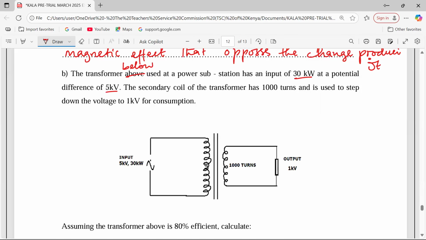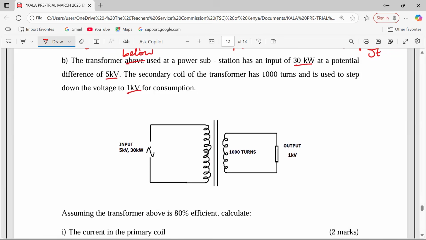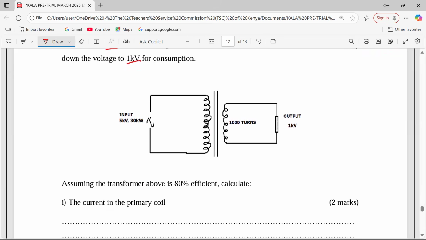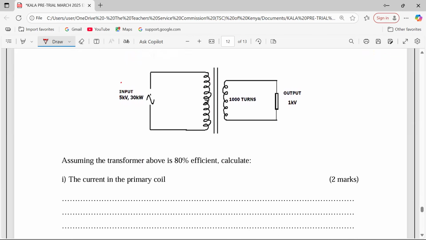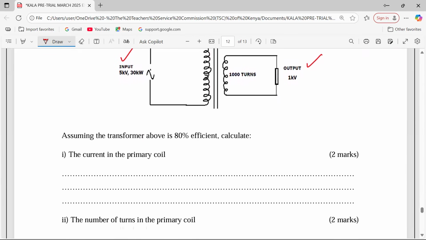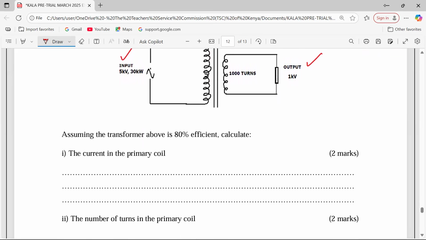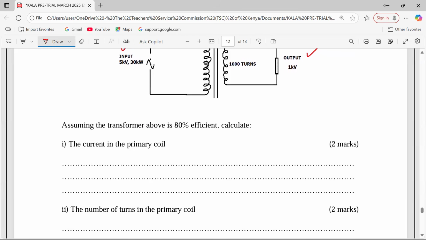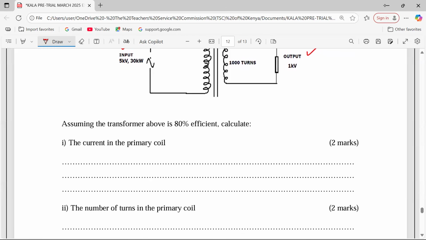The secondary coil of the transformer has 1,000 turns and it's used to step down the voltage to 1 kilovolt for consumption. You can see the input power and voltage, the output voltage, and the number of turns. Assuming the transformer above is 100% efficient, calculate the current in the primary coil.